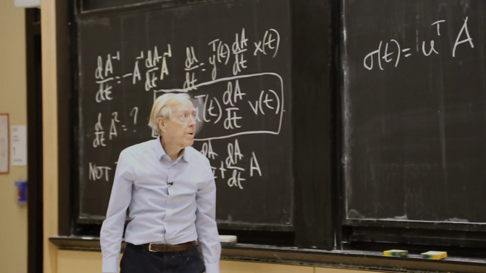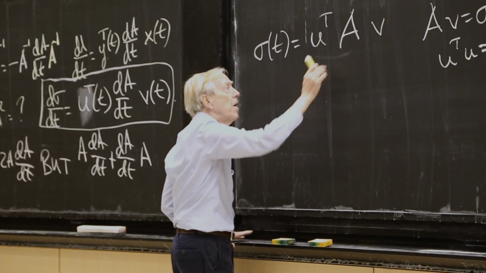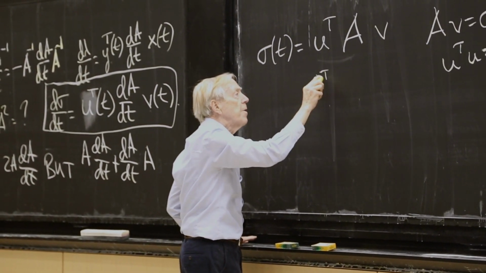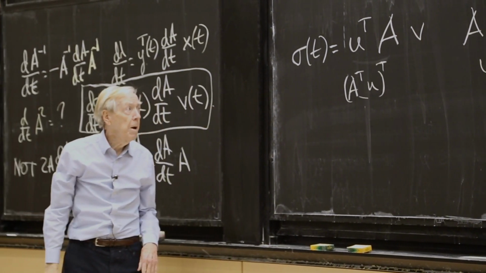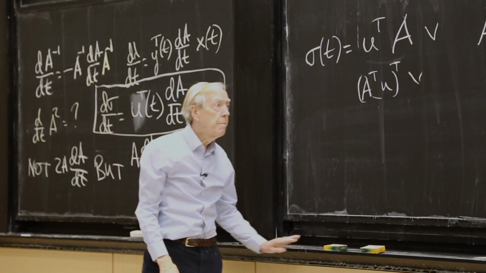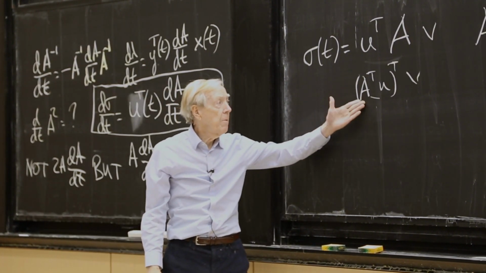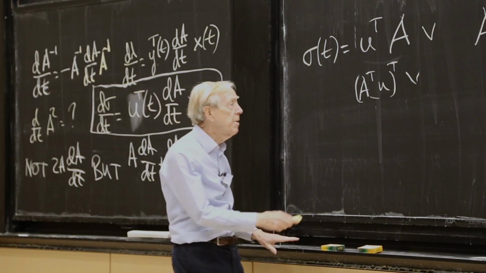Or I could have gone the other way and said that this is the transpose of A transpose U transpose, times V. And if I look at it that way, I'm interested in what is A transpose U. And what is A transpose U?